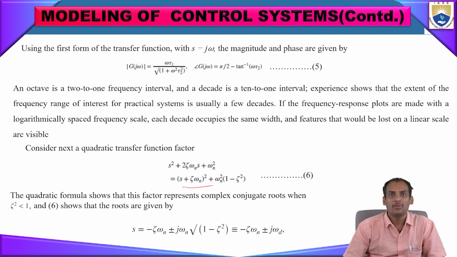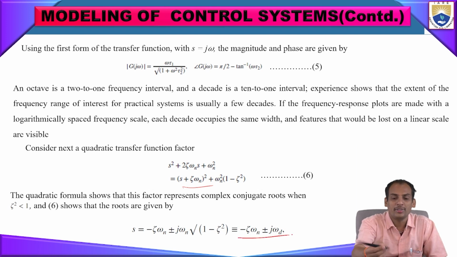This quadratic formula shows that the factor represents complex conjugate roots when zeta square is less than 1. Then the roots will be s equal to minus zeta omega n plus or minus j omega n root of 1 minus zeta square, that is, minus zeta omega n plus or minus j omega d. These are the roots of the above equation.